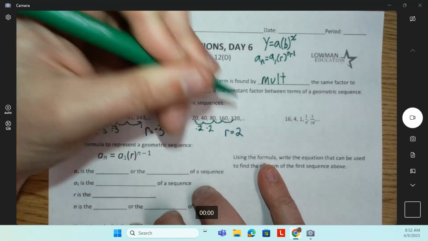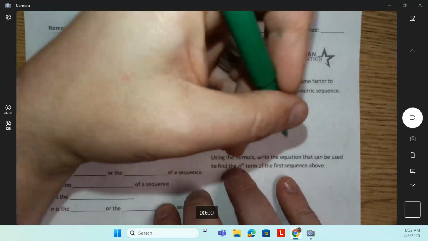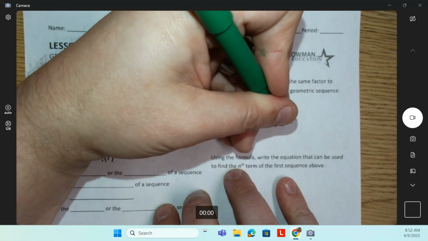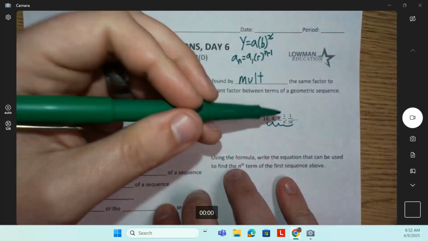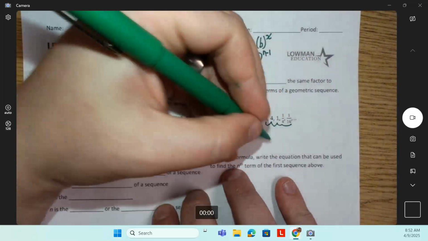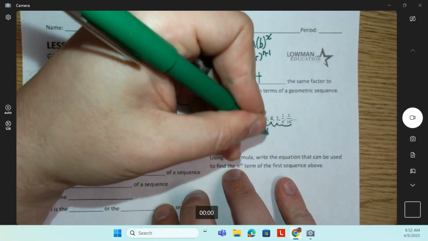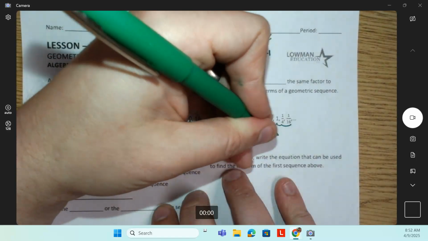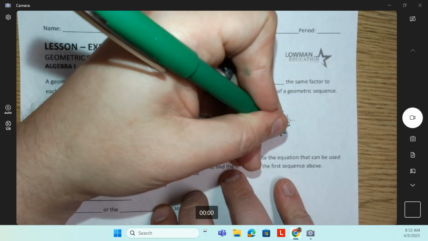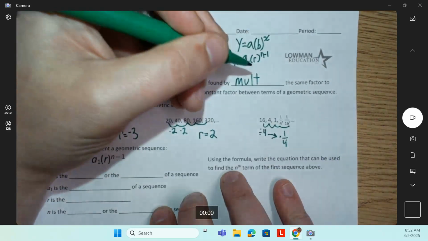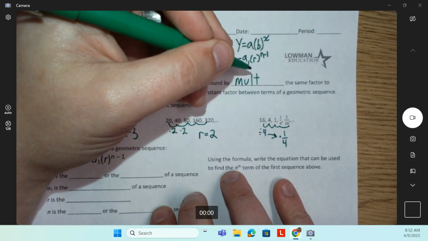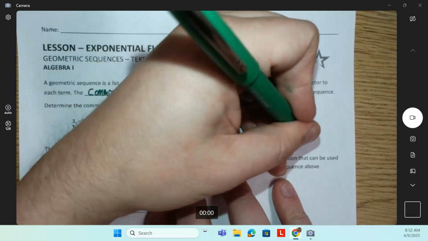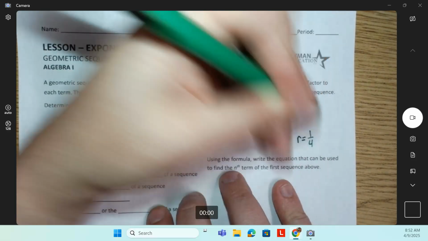So r is 2. And as we look at the next one, if they're getting smaller and smaller, I would say, well, it looks like I'm dividing by 4. And since I'm dividing by 4, I'm going to turn that into multiplying by 1/4, because that actually means the same thing. So my r value is 1/4.